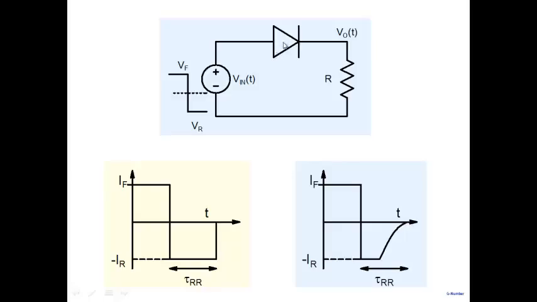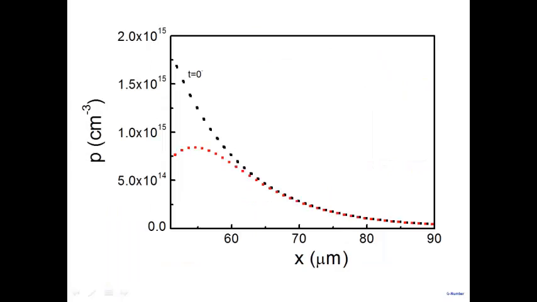Now I'll show you a simulation result. Look at how the hole density is actually varying. This is the hole density at time t equal to 0 when the diode was in forward bias, right? P+N junction, standard exponentially decreasing. When I reverse bias it, what did we expect? It should fall just like an exponential. This is at a certain time, maybe tens of nanoseconds after I've switched off.